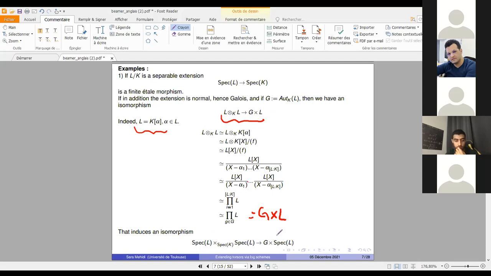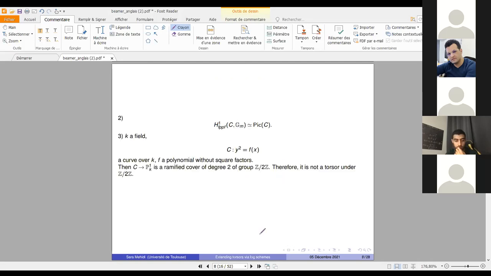And here, this is defined by the action of G on Spec L. And so the action is free and transitive, which means that Spec L over Spec K is a torsor under the action of G. As a second example, if C is a curve, this is the Picard group over C. So you have isomorphism classes of line bundles.